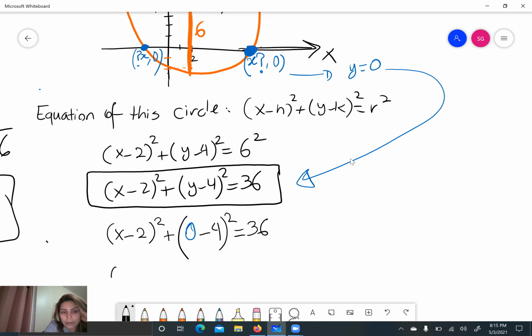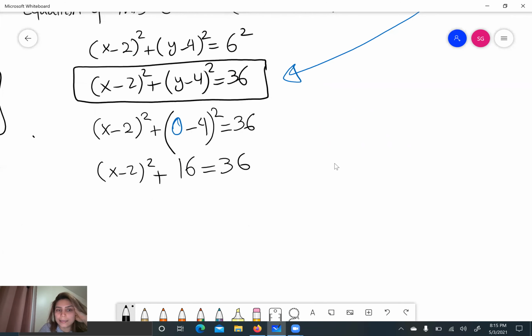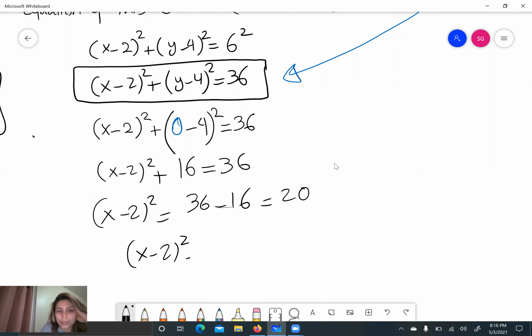So it's going to be (x minus 2) squared plus negative 4 squared, which is 16, equals 36. Now subtract 16 from both sides. 36 minus 16 is 20, right? So (x minus 2) squared is 20.